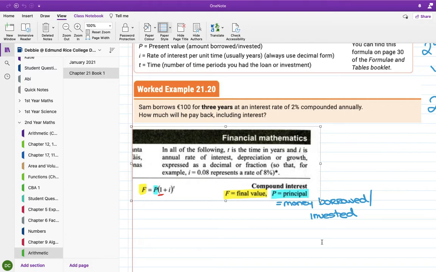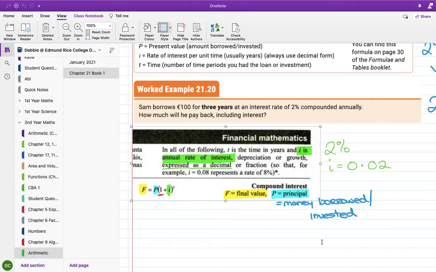The next one over, the i, it says it up here. So i is the annual rate of interest. But what's really important is that it has to be expressed as a decimal. Okay, so most of the time interest is written as like 2%. So if you had a question where you had 2% interest, i would be 0.02.